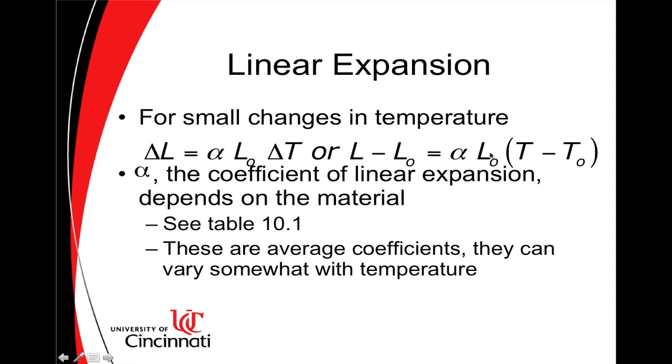The longer the initial material is, then of course naturally it will expand more. So it's a fractional change. But these temperature coefficients, alpha, the linear expansion coefficient, are basically associated with a particular material. So for example, quartz doesn't expand nearly as much as most metals, like copper or aluminum or gold. And so these are very different for different materials.